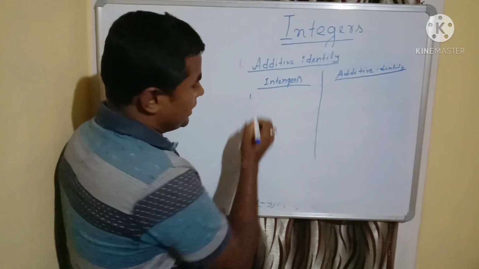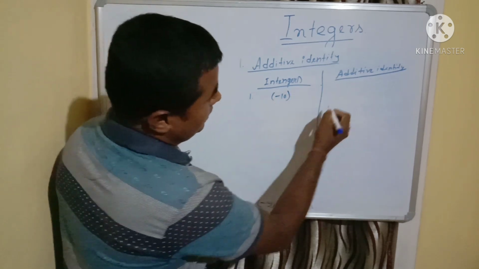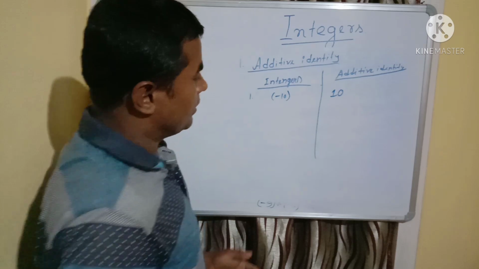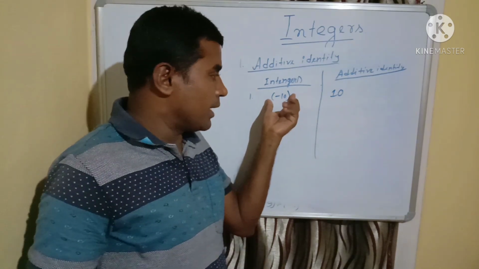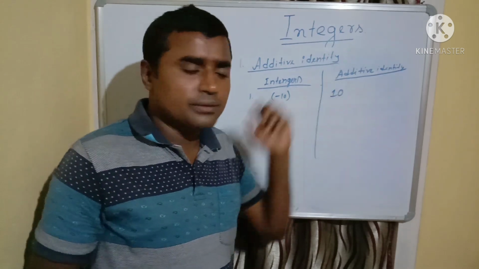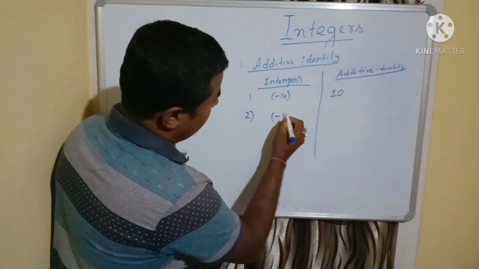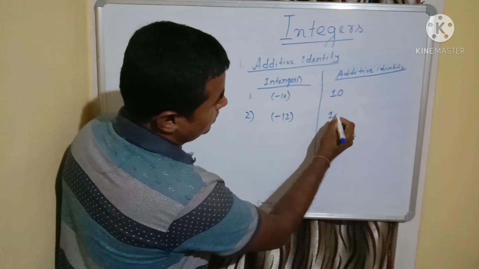So any example I take, that is minus 10. Additive identity of minus 10 is 10. Why? It is because minus 10 plus 10 equal to 0. Similarly, additive identity of minus 12 is 12.